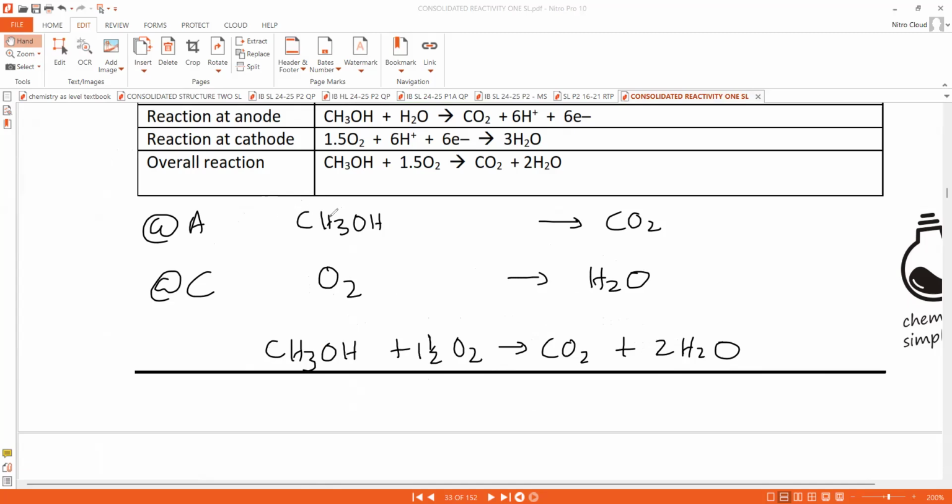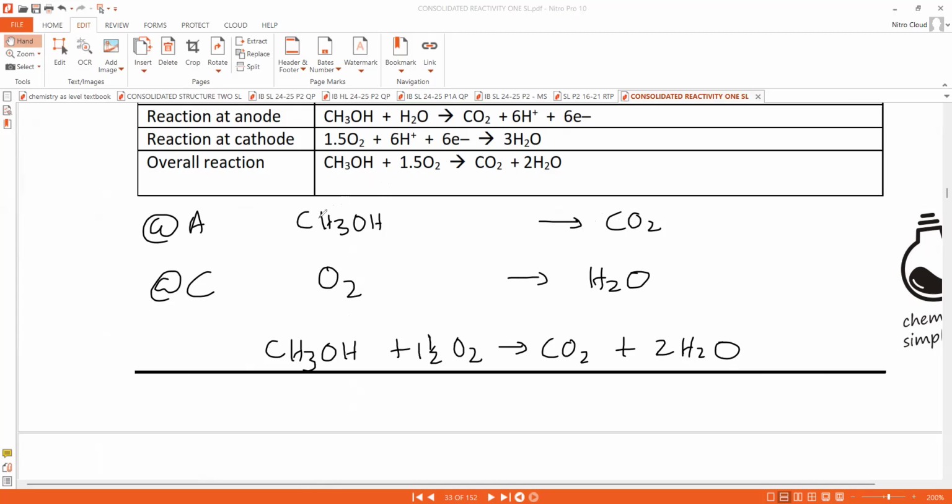Now, how to balance the equations the same way as we do usually. In the anode reaction, we first balance the number of atoms of the substance getting oxidized, which is carbon here. So carbon is already balanced: one carbon here and one carbon here. Next is balancing electrons. If it's losing electrons, how many is it losing? That depends on the change in oxidation number.